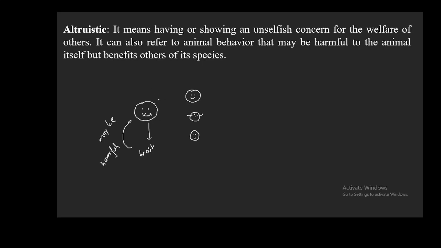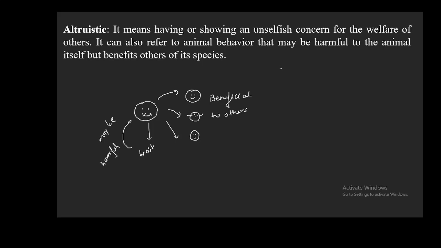So whenever it is beneficial for the others, then nature selects this trait. Again, this trait is going to be decided by the genotype of this particular individual. So whatever genotype is harmful for this particular individual but beneficial for the others, this behavior is known as altruistic behavior, and nature selects the altruistic behavior or the altruistic genotypes also.